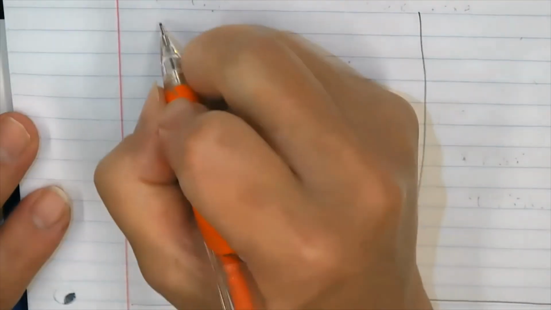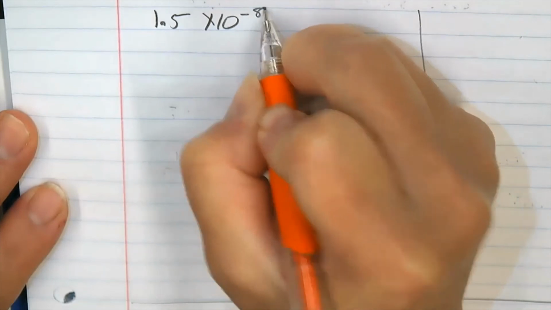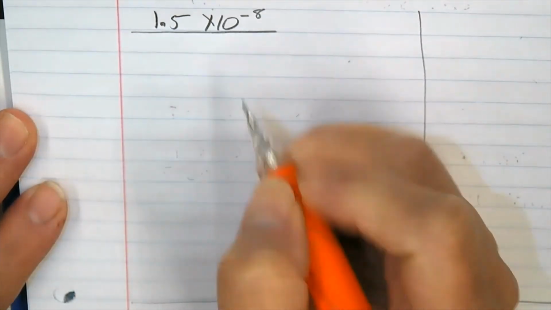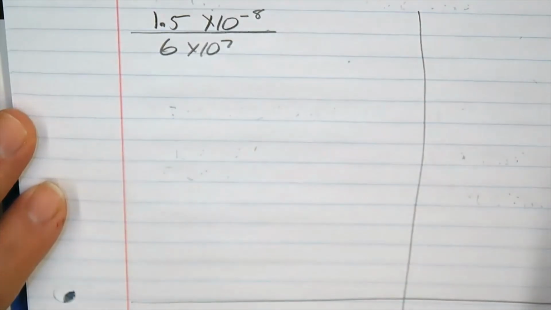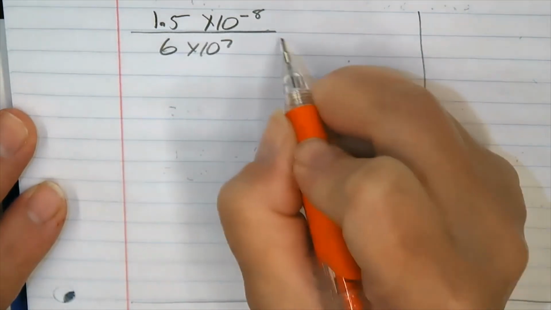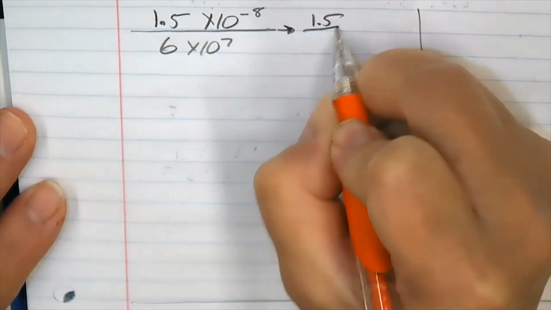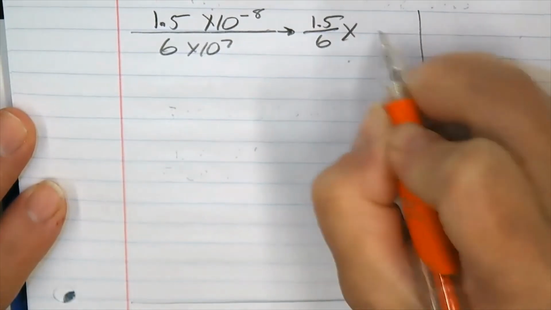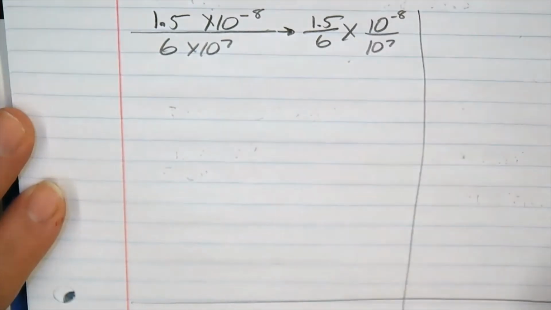I have 1.5 times 10 to the negative 8 divided by 6 times 10 to the 7. I'm going to rework this so it's easier to see. 1.5 divided by 6 times 10 to the negative 8 divided by 10 to the 7.